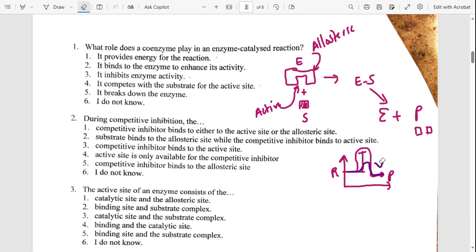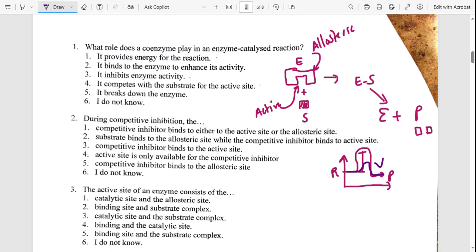So what coenzymes do is that they are simply going to come and help the enzyme to fulfill its function. That's the function of a coenzyme. Coenzymes are actually biological molecules.